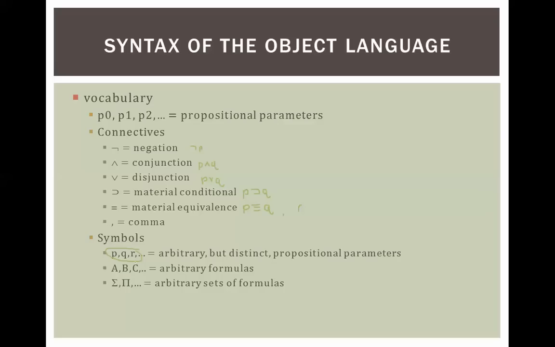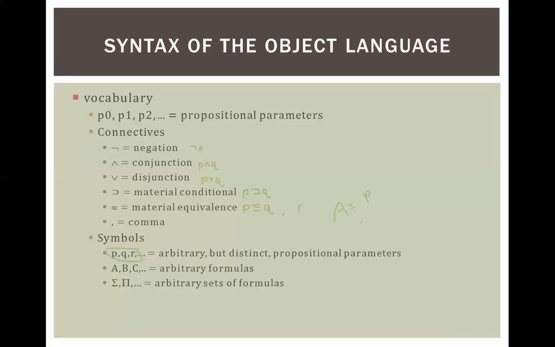Alright, a few more symbols. These capital letters right here we're going to use to symbolize formulas. So the lowercase letters are going to be statements, those propositions. The capital letters are going to be used to symbolize any of these that we made up here, and possibly these too. Right? So A could equal P if I wanted to.